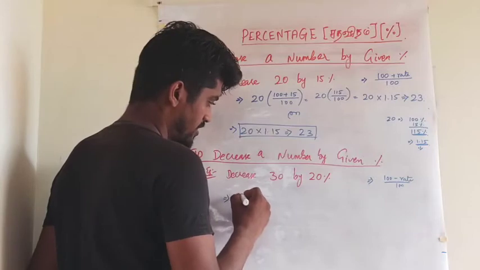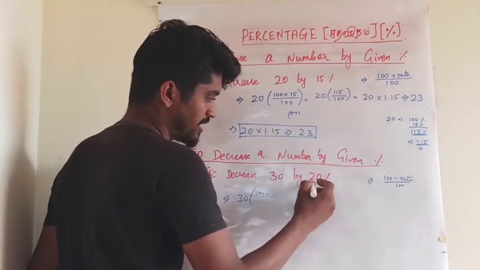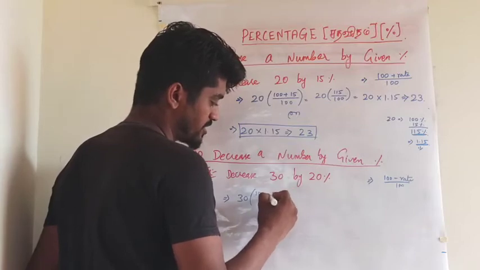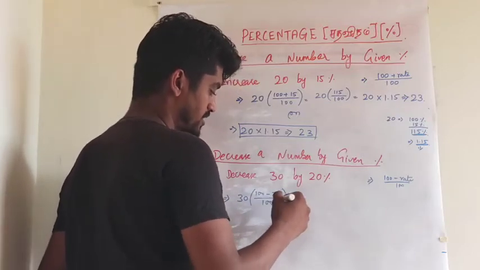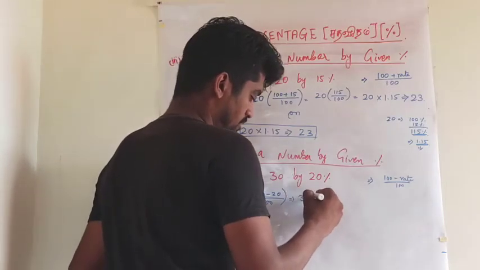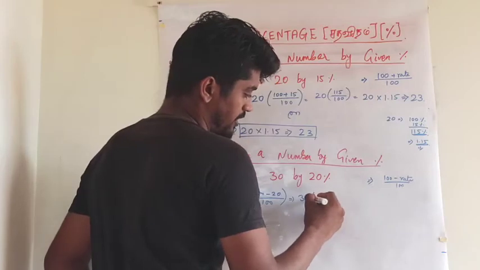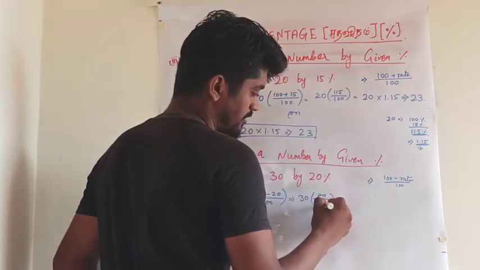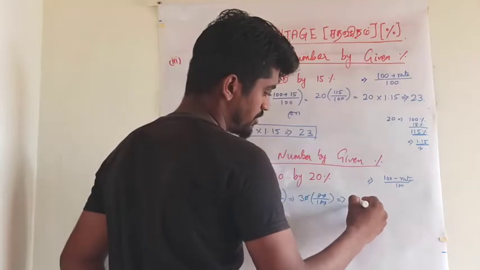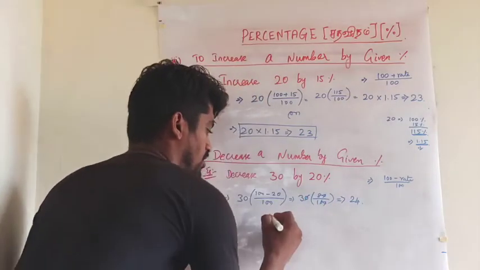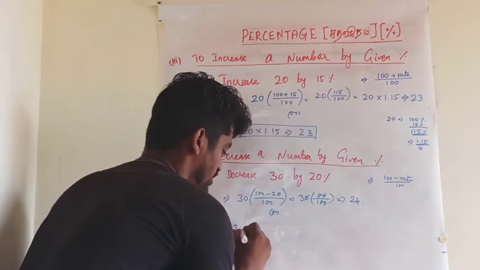Also, we write 30 multiplied by 100 minus rate of percentage, 20 percentage decreased, and denominator 100. 30 into 100 minus 20, 80, divided by 100, and we cancel 0, 0. So the value is 24.